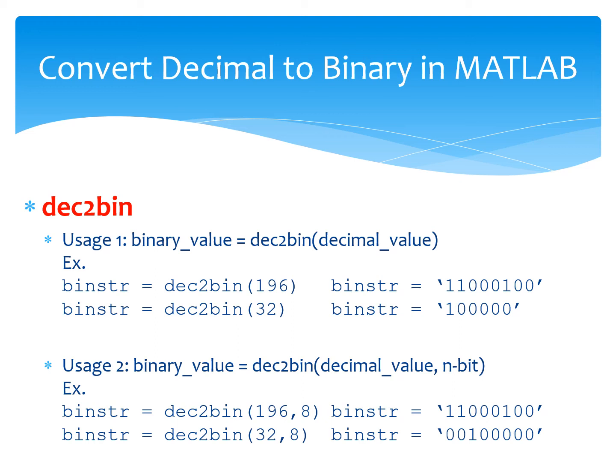As shown in the examples at the bottom, when calling DEC2BIN with the second input parameter 8, the returned binary string has exactly 8 bits.